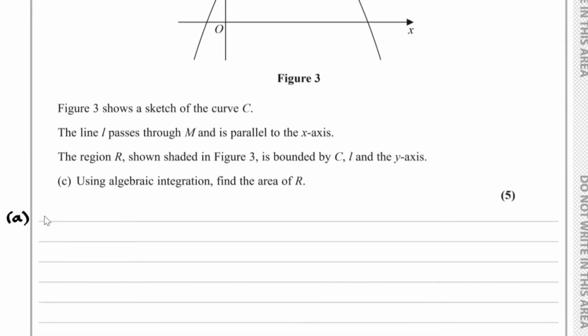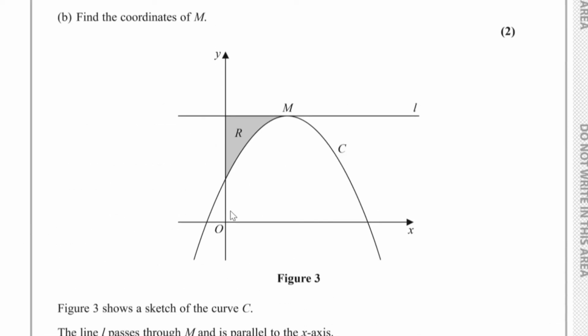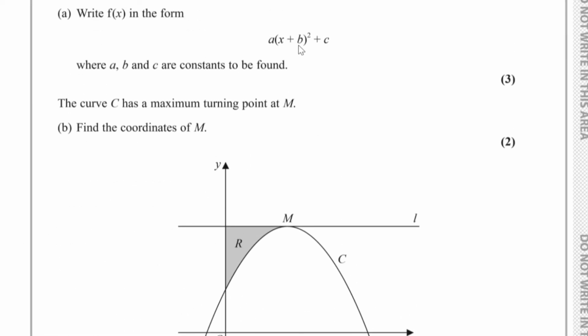So, for part A, we begin with minus 3x squared plus 12x plus 8. And we need to write this in the form given to us here. The form given to us over here suggests we need to complete the square.